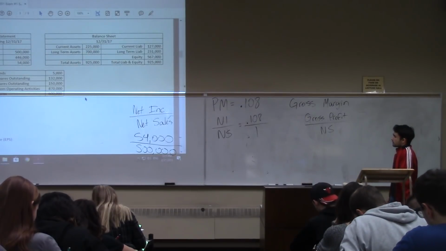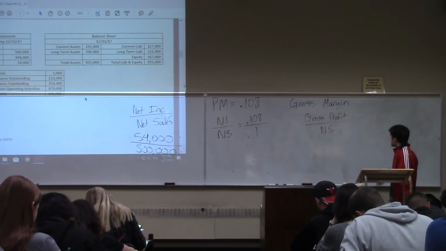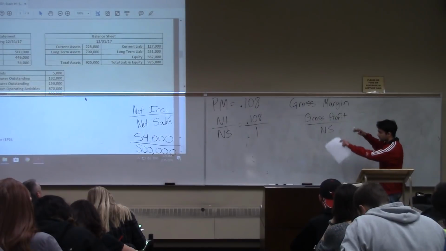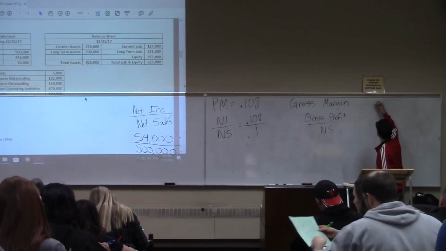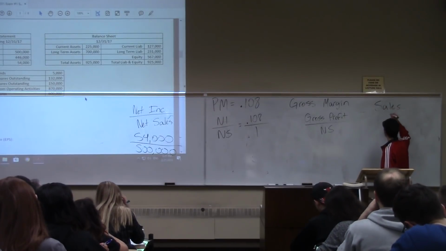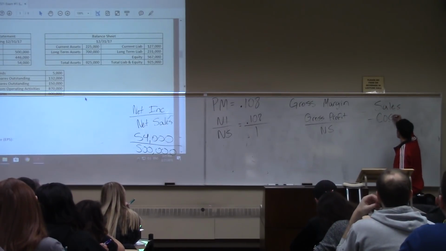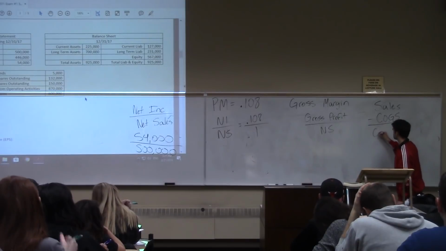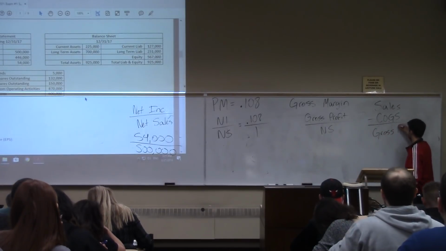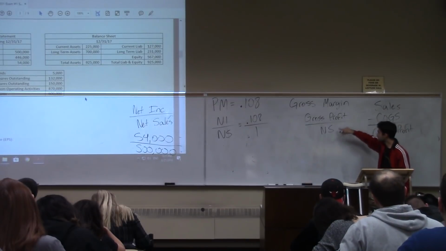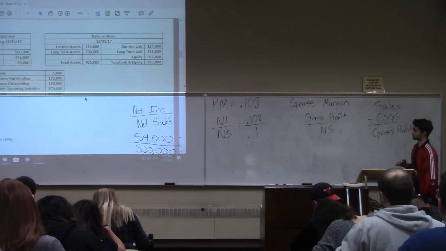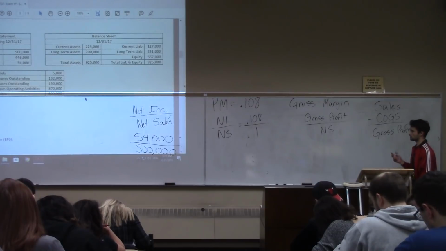We can't figure that out. But that's the equation. If our income statement was more detailed, it would say we've got sales of however much minus our cost of goods sold gives us our gross profit. We'll use the gross profit divided by the total number of sales, and you get your number.